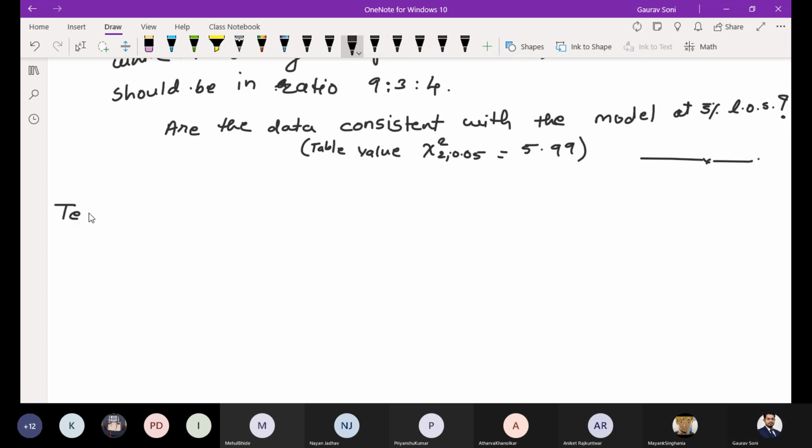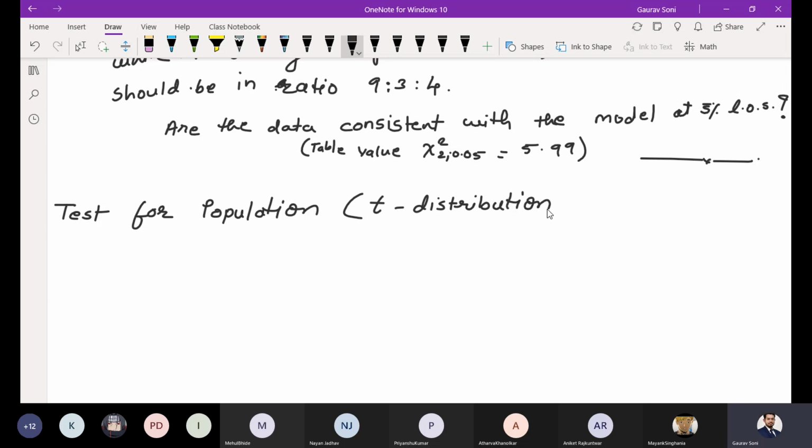Test for population mean using T distribution. So first of all, we will look at the theory part behind this.